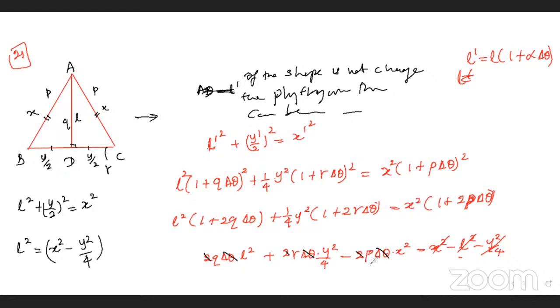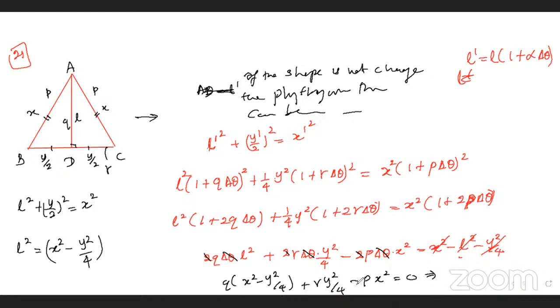We can take this within L square to substitute. So you can write it as x square minus y square over 4, plus y square over 4, minus p x square is equal to 0.